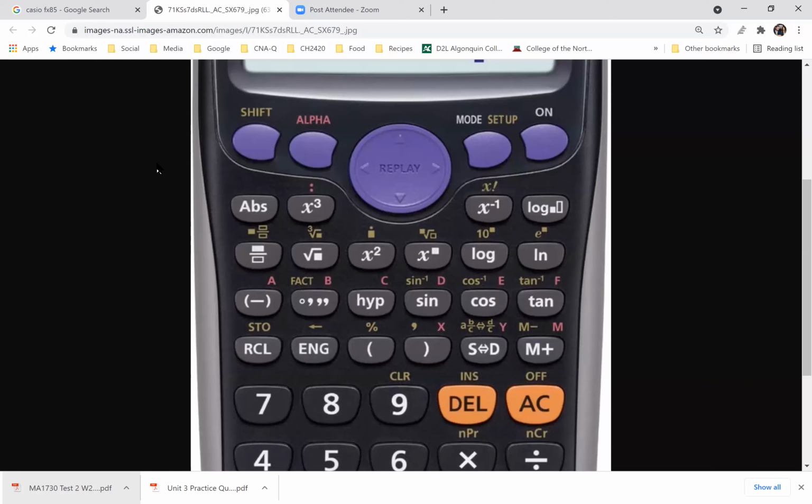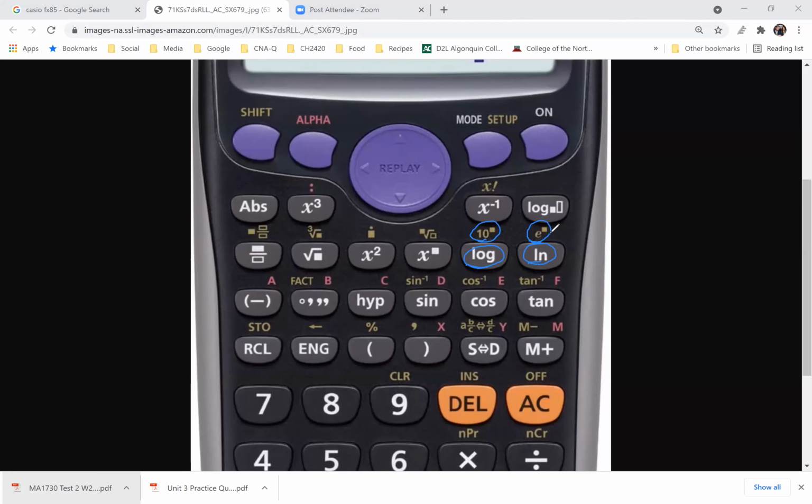So, the buttons on your calculator: the log button stands for base 10. The ln button stands for base e. The shift function of the button is actually showing you how to change it into exponential form.